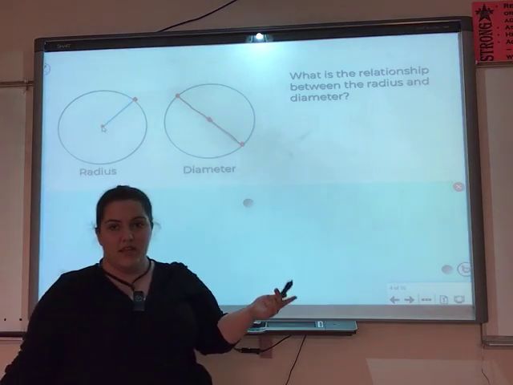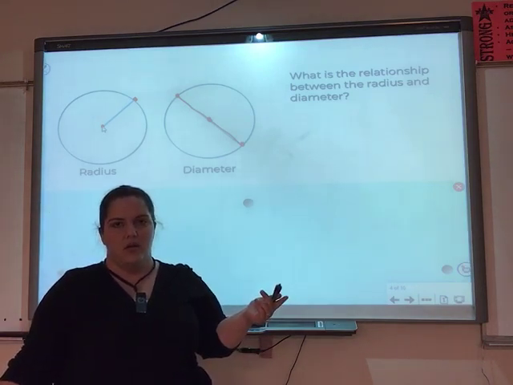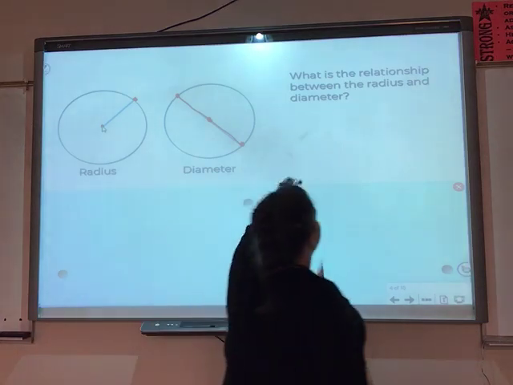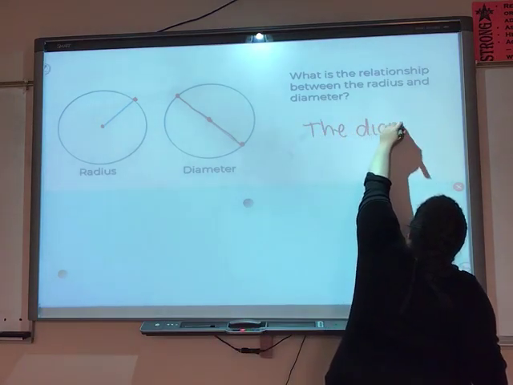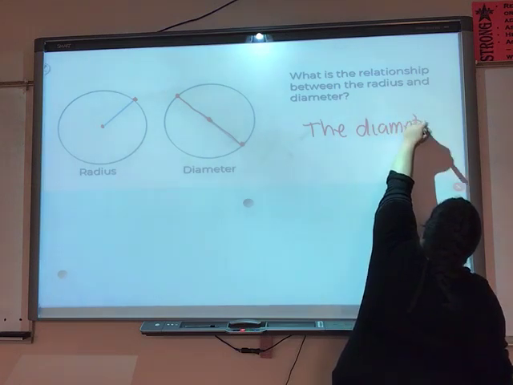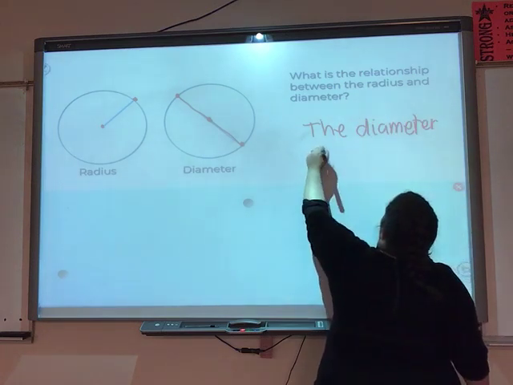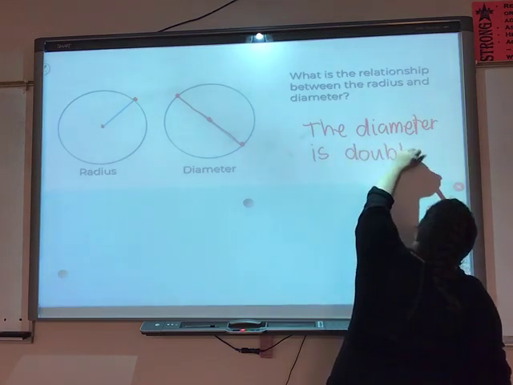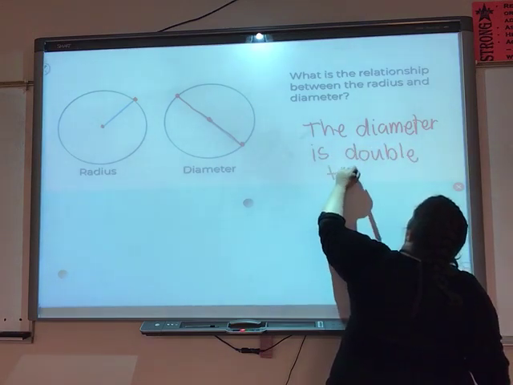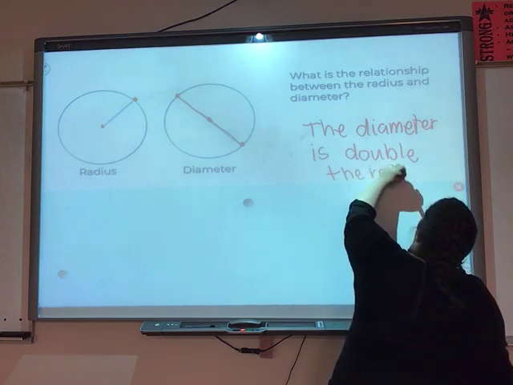So what's the relationship between them? Well, the diameter is double the radius.